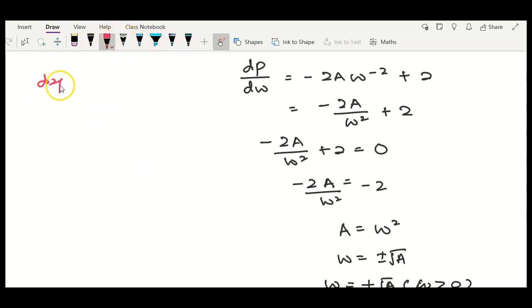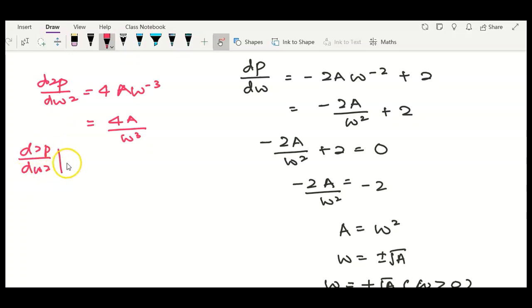Get your d2P/dW2. You will have positive 4A W to the power of negative 3 plus 0. Simplify, you will have 4A over W cubed. Then substitute the value that you got just now into the second derivative, meaning that you substitute W equals square root of A. You will have 4A over square root of A to the power of 3.